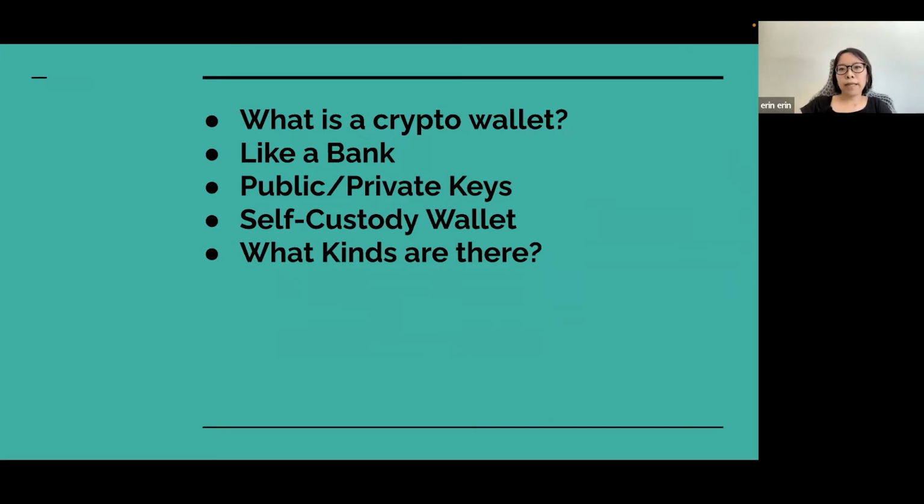There are a couple of kinds. Besides the two broad categories we already went over, self-custody and custodial, there are what's called hot and cold wallets. You're going to see that term a lot, so I'll mention it without going too deep.